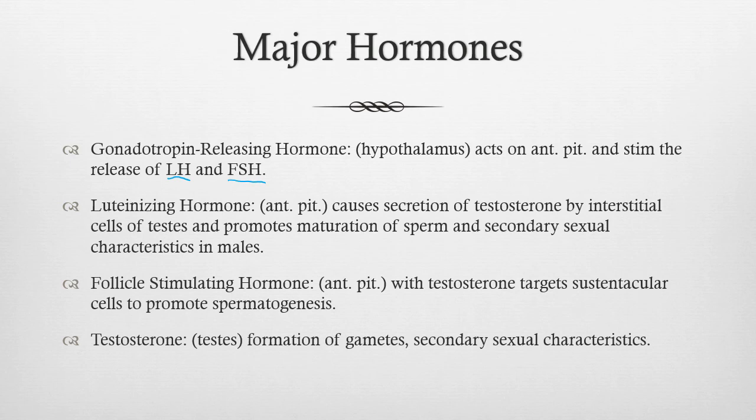The follicle stimulating hormone does basically the same thing as it does in the female, in that here it's going to begin spermatogenesis, the production of sperm cells, while luteinizing hormone is going to control the production of testosterone. So similar to that in the female as well. And testosterone is the main male hormone for reproduction.